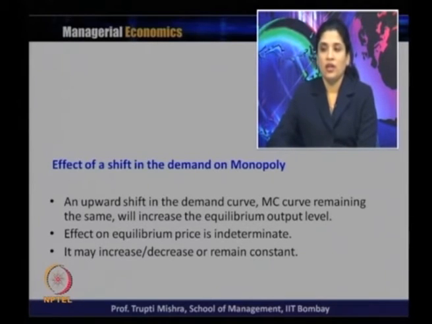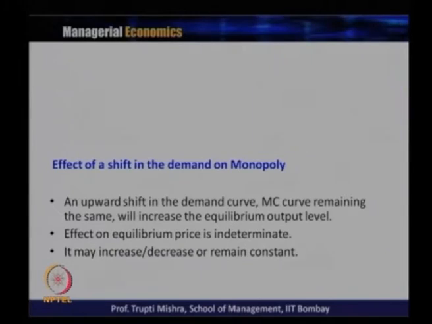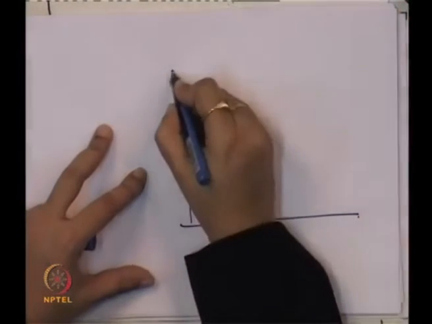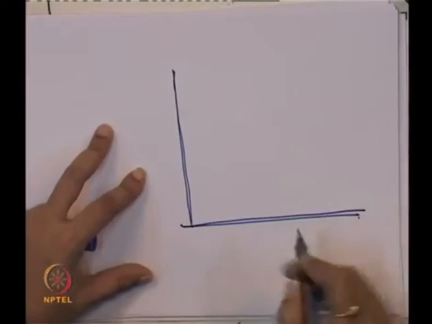So, we will check in which case it may increase, in which case it may decrease and in which case it may remain constant. We are just taking one case here where demand is increasing.